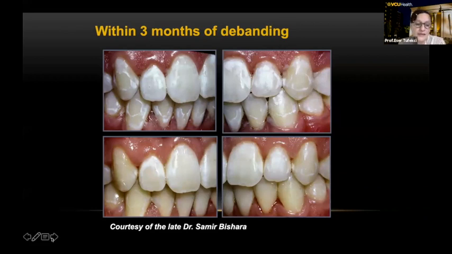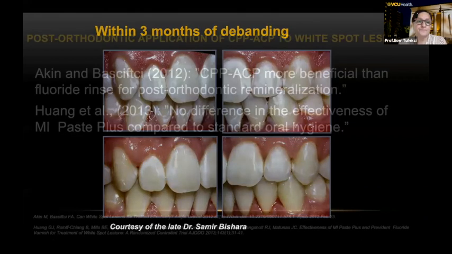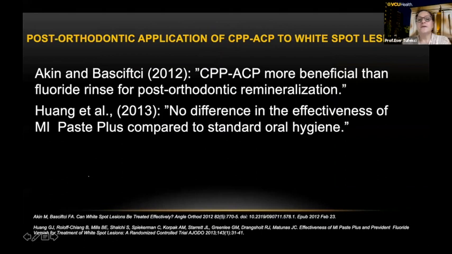So that could be the case. But overall, it looks like it's a good thing to do, just not to do anything, at least for several weeks after debonding.